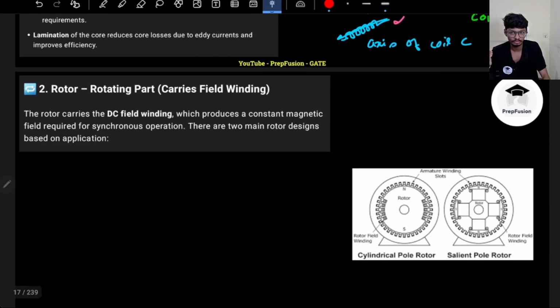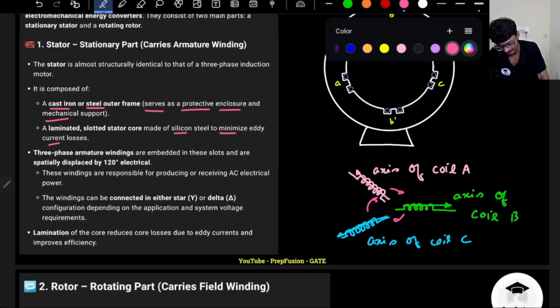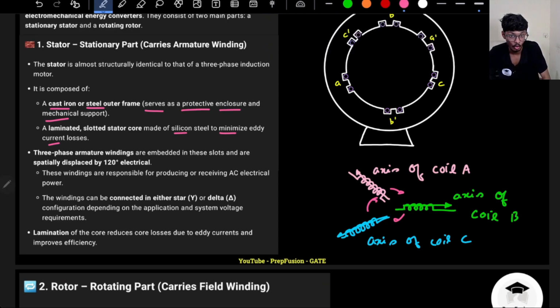Now let's discuss the rotor. What does a rotor do? First remember, these windings can be connected in either delta or star. It's not like, because it looks star connected here, that it will always be star connected. No, that is not the case.